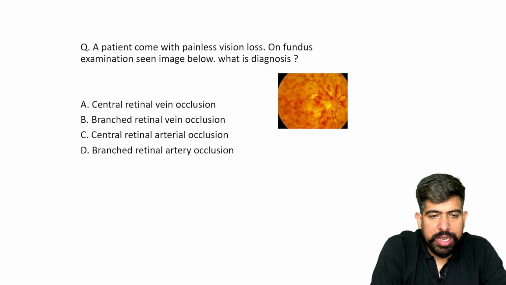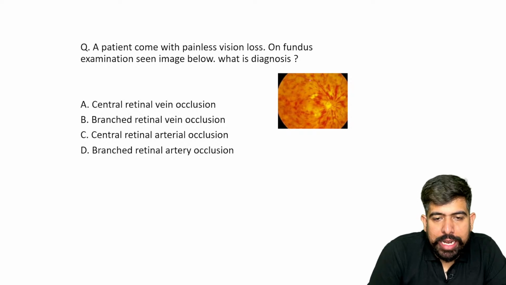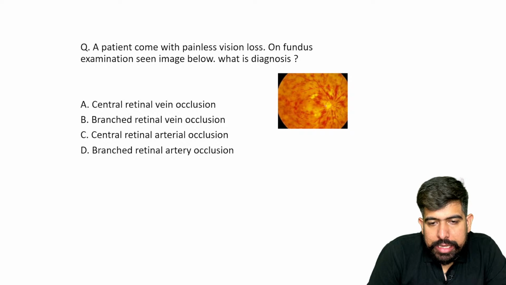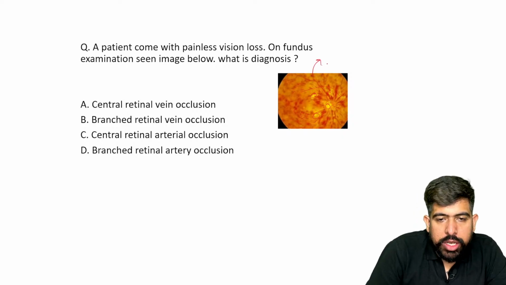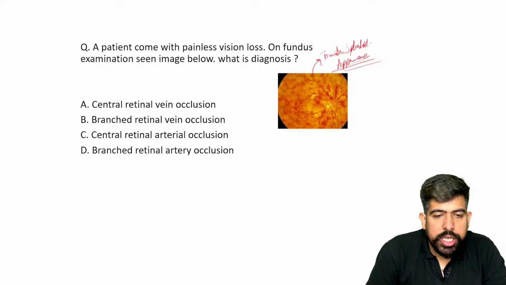Okay, now listen to this part. What is this? You can see the whole retina is now red here. And there is some exudate also, right? We can see the hard exudates, yellow in color. This is the tomato splashed appearance.